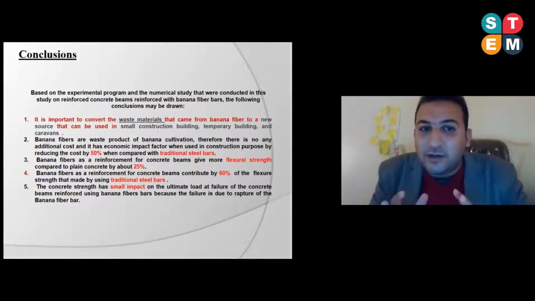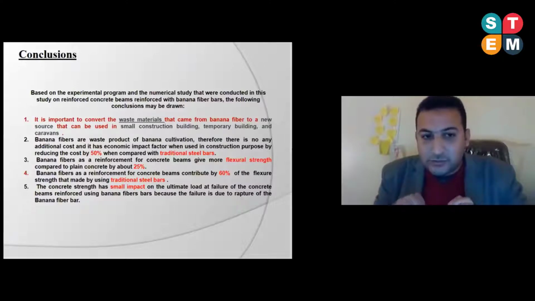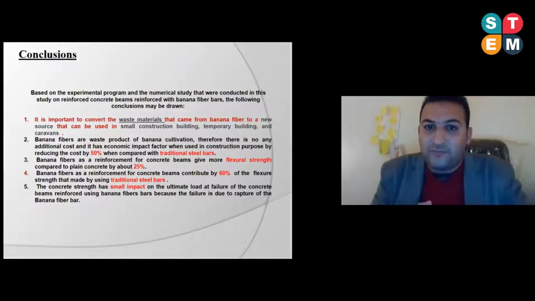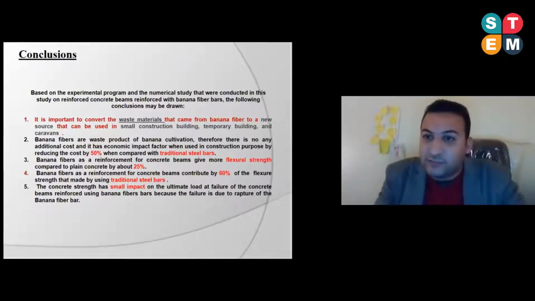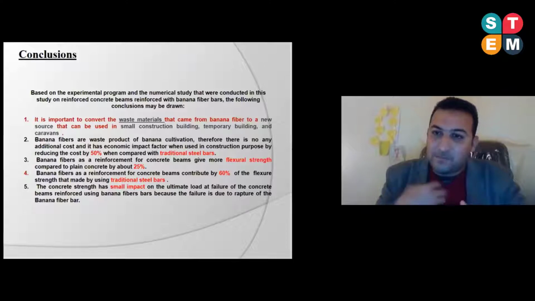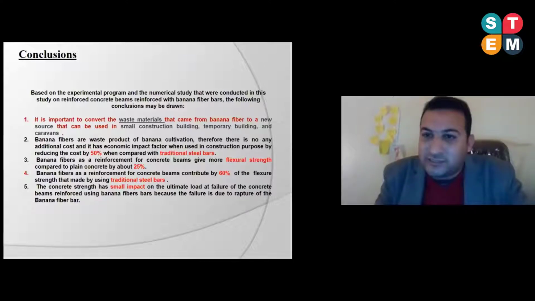So we can control this biodegradability. How to control it? Is there any treatment for this or no? It's related to physical or chemical scientists, but for me, I can't control this.